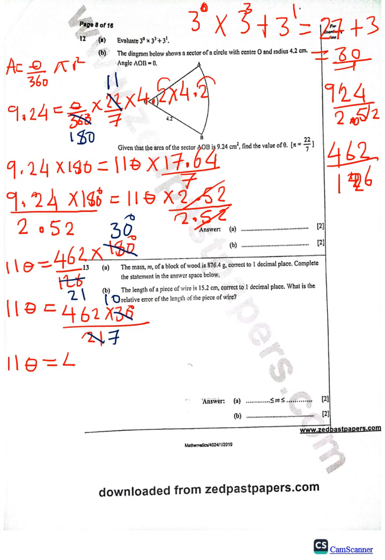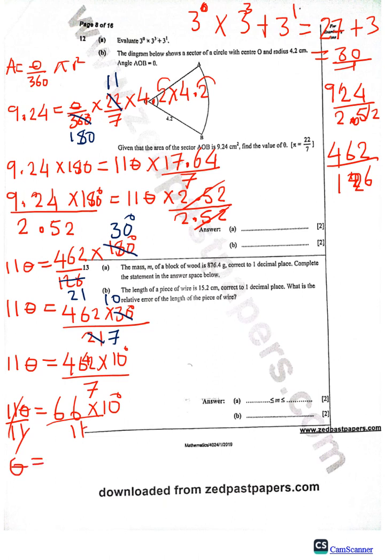So we have 462 times 10 over 7. 7 into 462 is 66, so we can now divide by 11, also here by 11. So if we cancel, theta is equal to 66 times 10 over 11, which is 6 times 10, so the angle is 60 degrees.